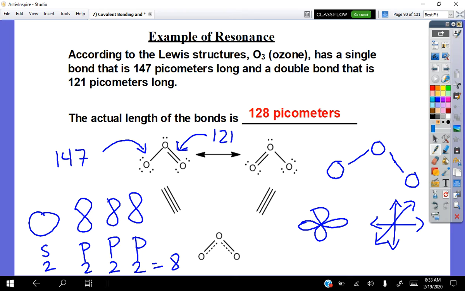We have one that's in the x-axis, one that's in the plane of the y-axis, and then a third one that's going out of the plane of the paper away from us and then coming towards us. Now, some of these orbitals are going to be occupied by lone pair electrons, and then some of them are available to bond.